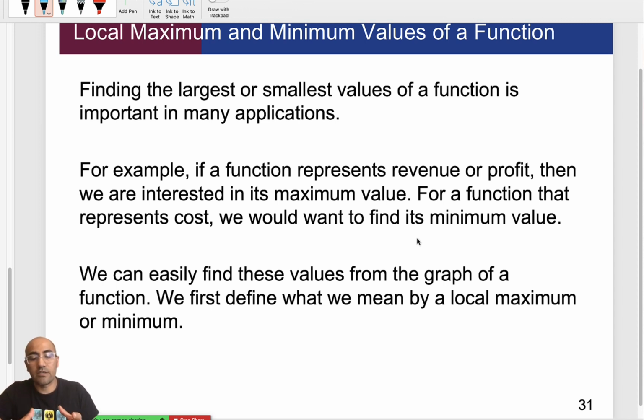It obviously starts off really heavy because of the fuel, and as it's burning through the fuel, it becomes lighter and lighter. So there are equations that can describe that. We want maximum thrust as a function of the weight of the rocket, stuff like that. So we want the maximums and minimums all the time.